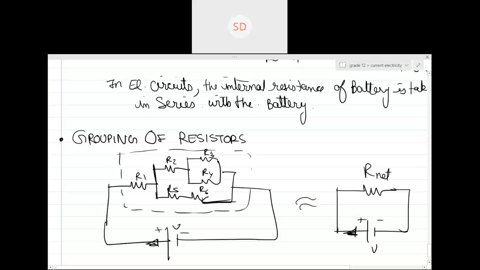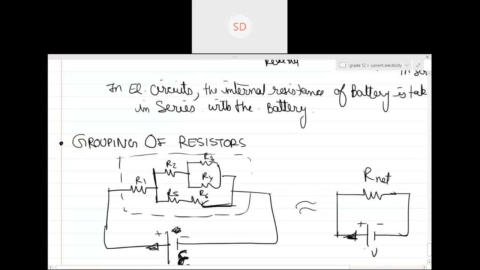So what do you mean by grouping of resistors? If the whole combination of these resistors is connected across a battery of EMF E, now we will not be using V, we will be using E every time, and it produces a current I. When all these resistances are replaced by a single resistor of net resistance R net, the same current should be produced.